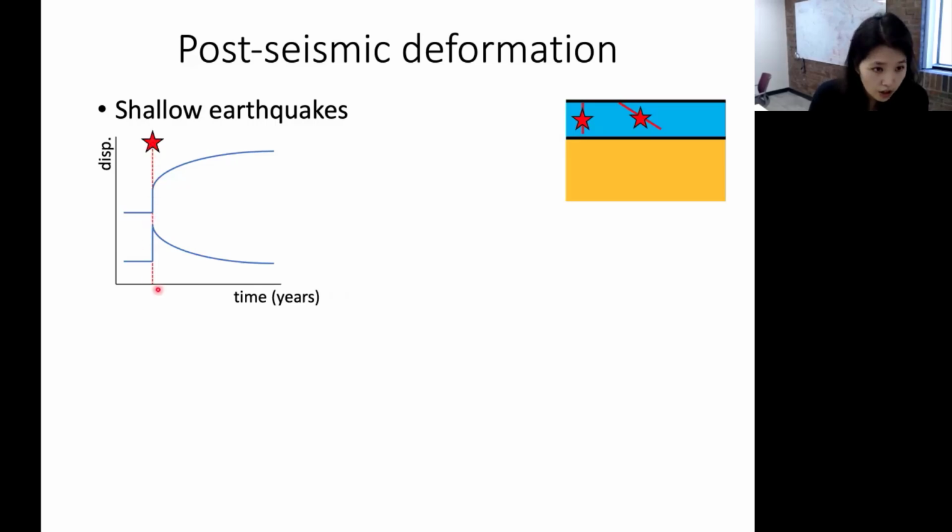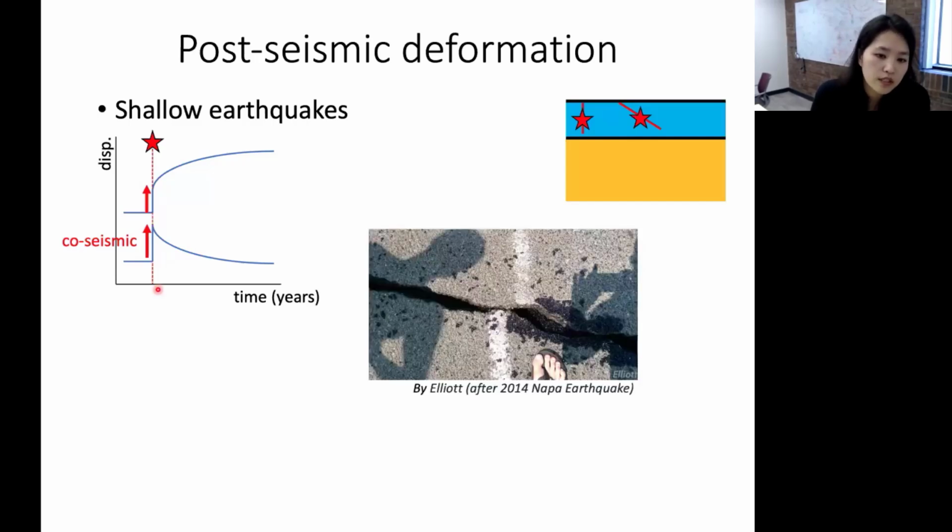At the timing of the earthquake, you have this sudden motion, and that's what we call coseismic deformation. The easiest way to think about this is to imagine a transform fault system like the San Andreas fault system, where when you have an earthquake, you might see a clear offset at the surface, and that's the coseismic displacement.